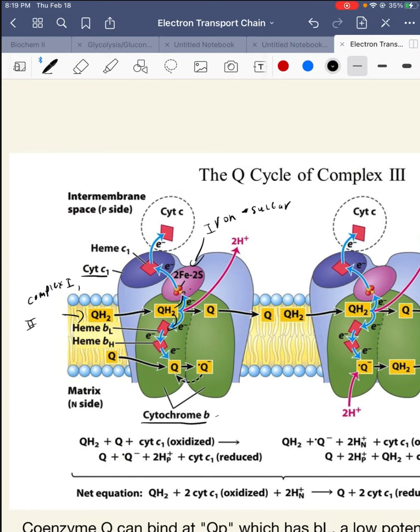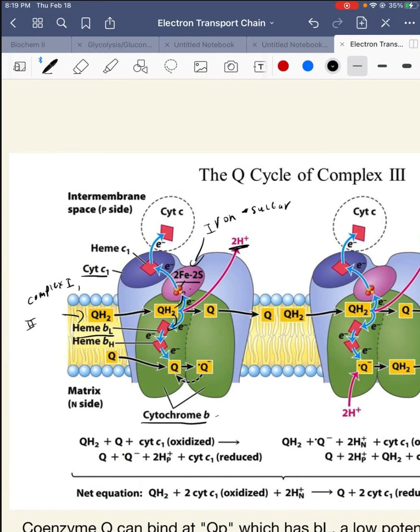When it gives 1 electron to iron sulfur and 1 electron to what's called heme Bl, it pumps 2 protons across the membrane. So 2 protons from the matrix go into the intermembrane space. The iron sulfurs have the 1 electron.